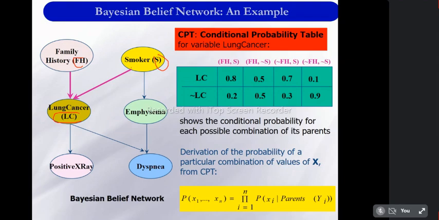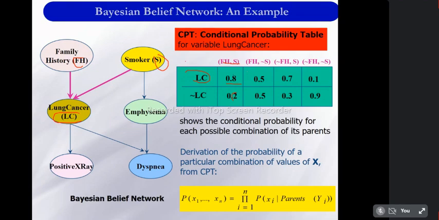Those are some of the characteristics used for classifying family history. For example, family history with smoking who have lung cancer has a probability of 0.8, which is 80%, that the smoker will have cancer, and 20% they don't have lung cancer.